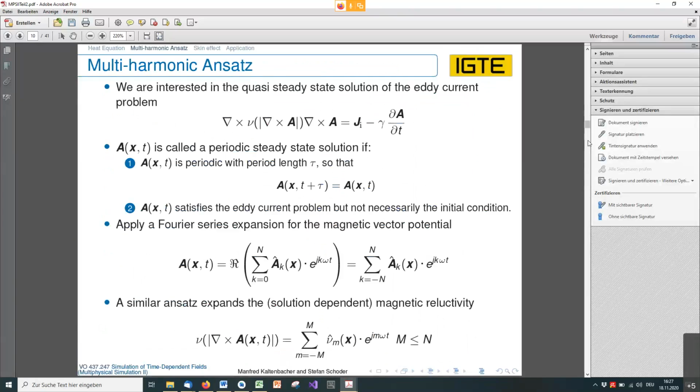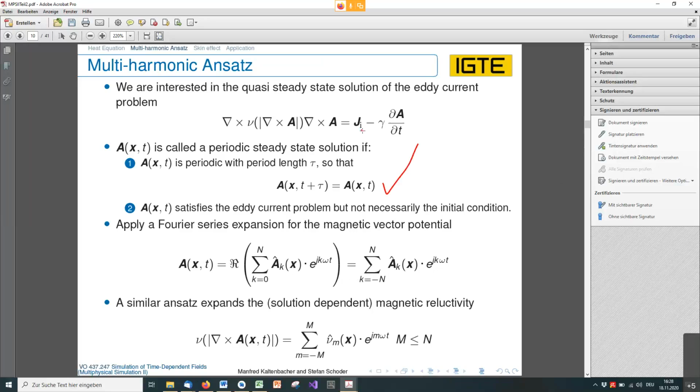So the basic idea of a multi-harmonic ansatz is that you can firstly decompose the vector potential in case you have a periodic excitation signal of the problem.